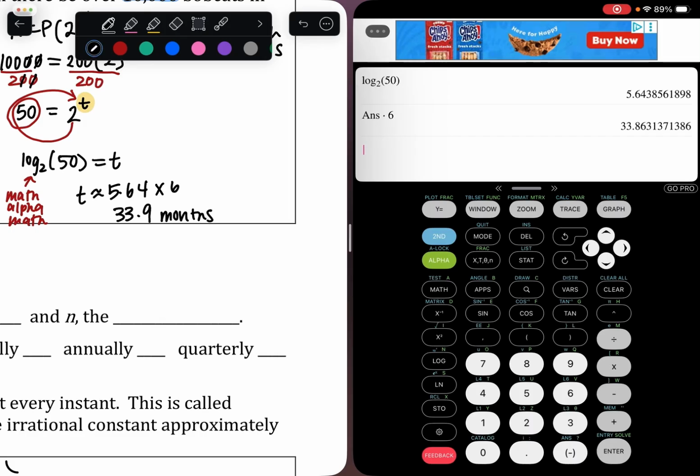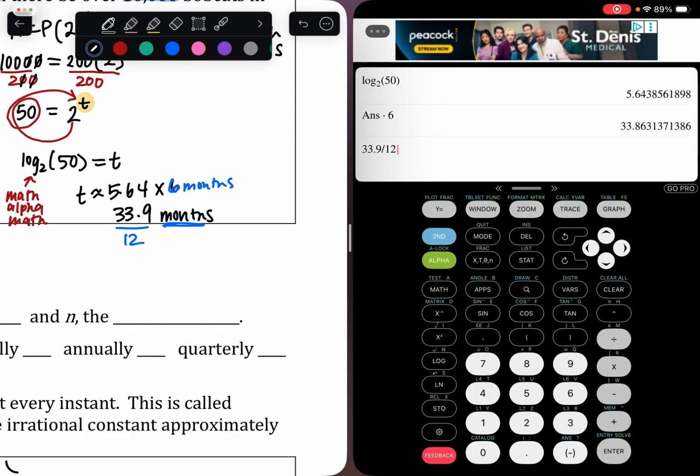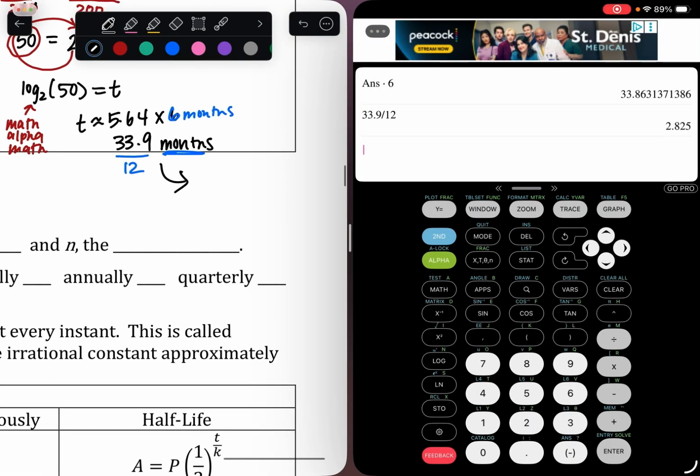To convert that to years, take the number of months and divide it by 12. Write this in your notes: times 6 months equals months, and then divided by 12 would give us the number of years. 2.8 years.